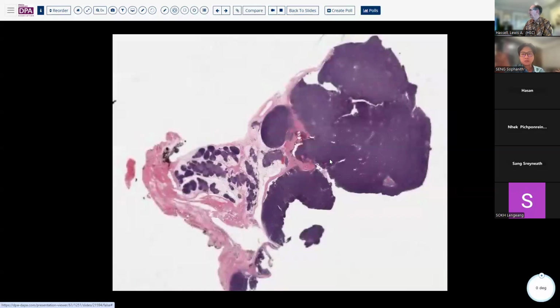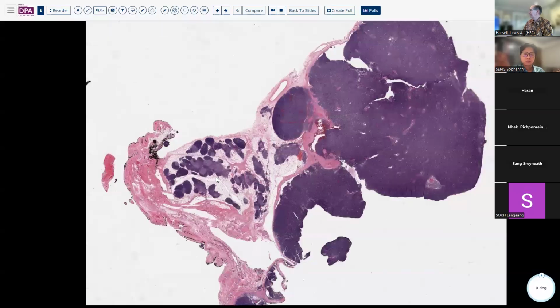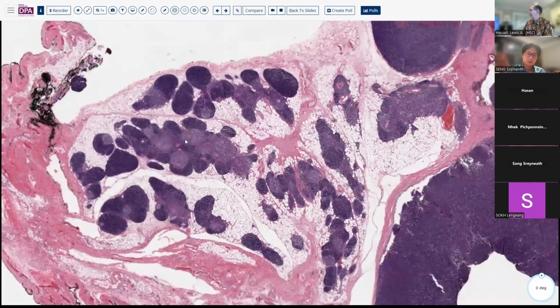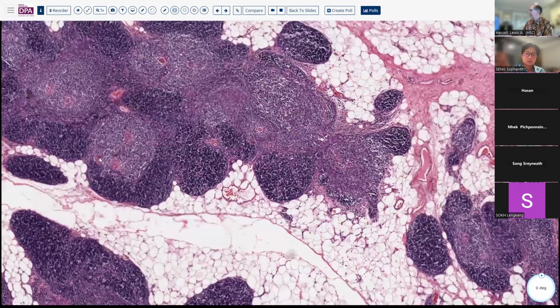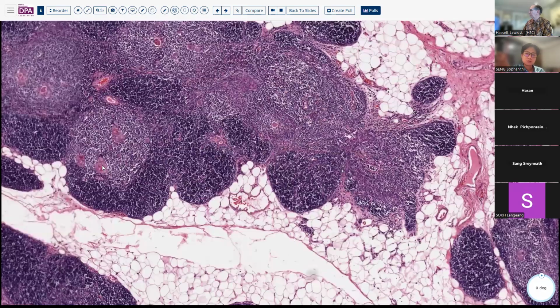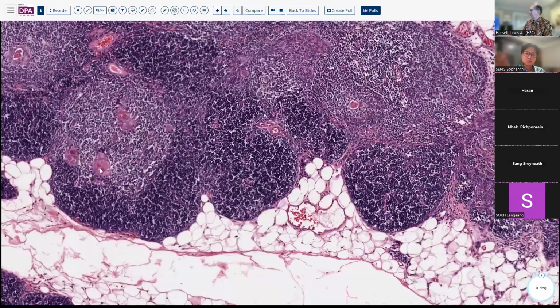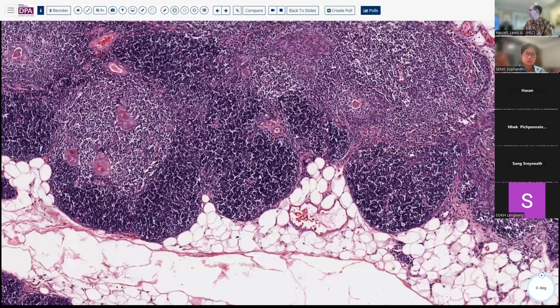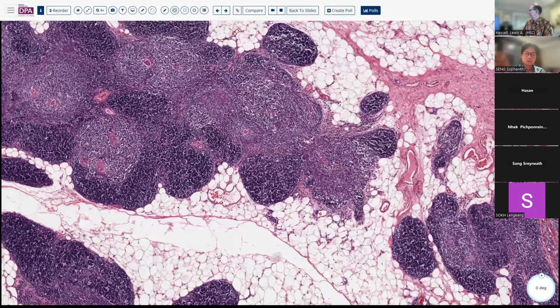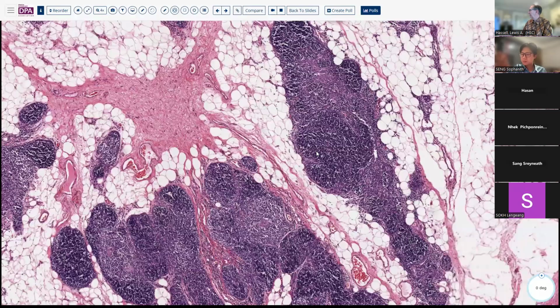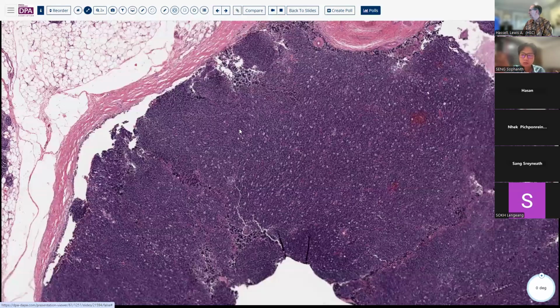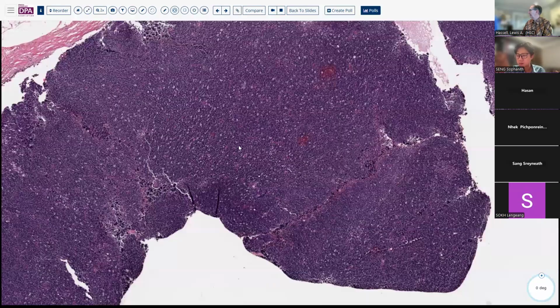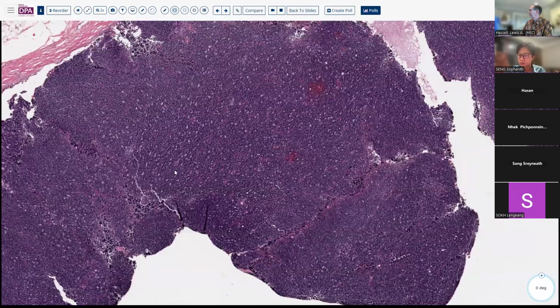All right, let's take another example here. This one is quite different. As you can see here, we have over here an area of residual normal thymus. You can see the infamous Hassall's corpuscles here. There they are, beautiful structures. And then we have this element over here, which looks to be totally lymphoid.